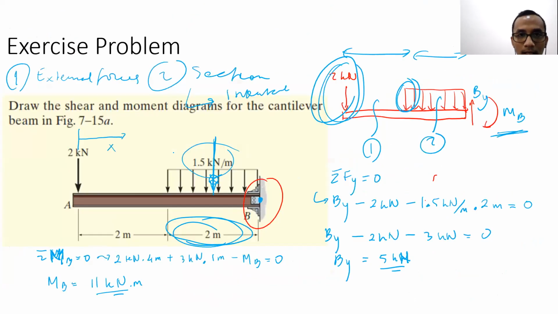Let's take a look at this one. The discontinuity happens here and here, because previously there was no distributed load and suddenly there is one.